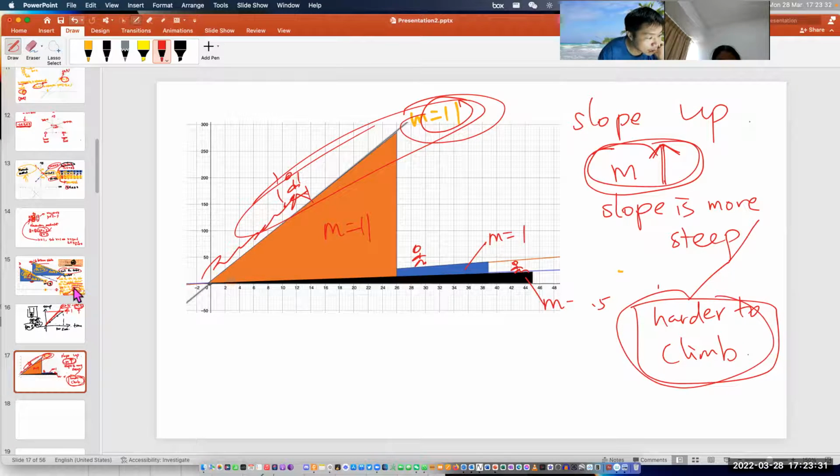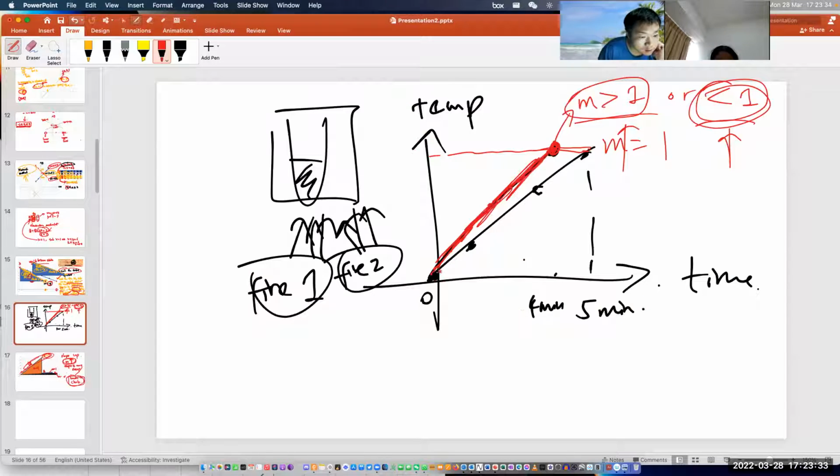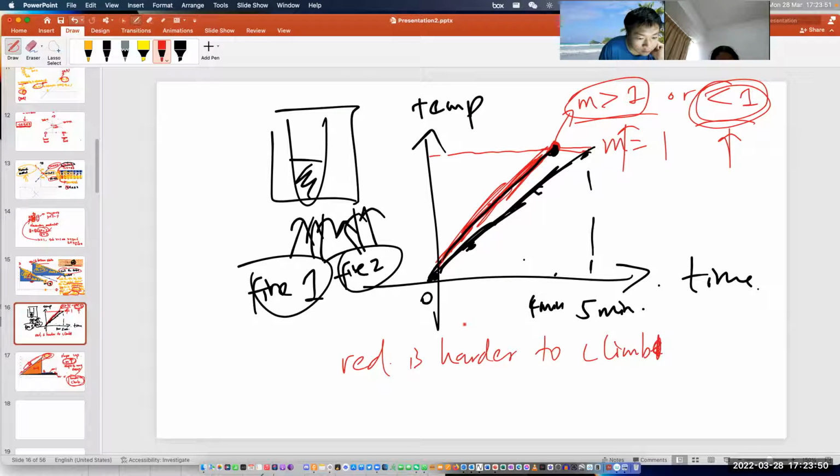So if you go back to our question just now, compare the black slope to the red slope. The red one is harder to climb, right? It's harder to climb than the black one, right? Can you see? Yeah, you just put someone on it, you know already.